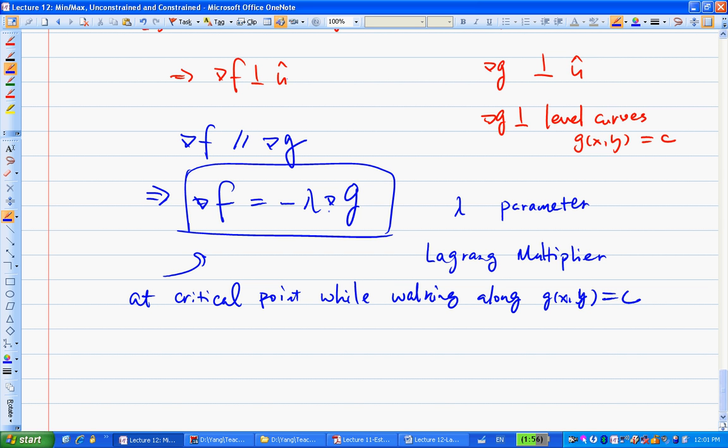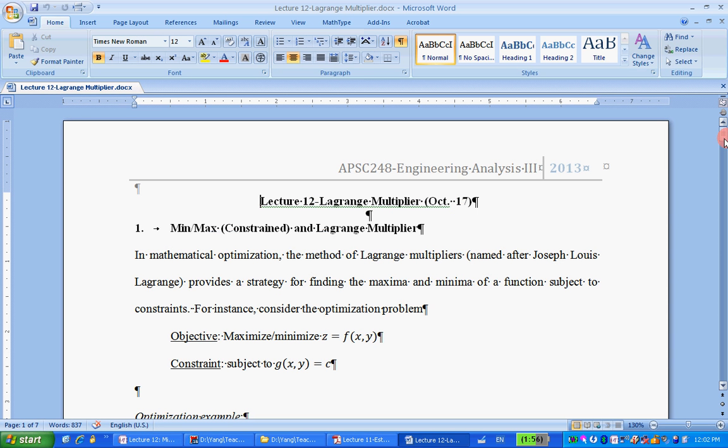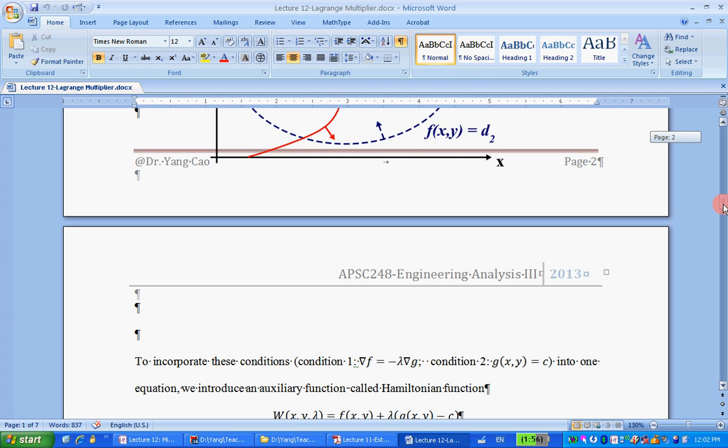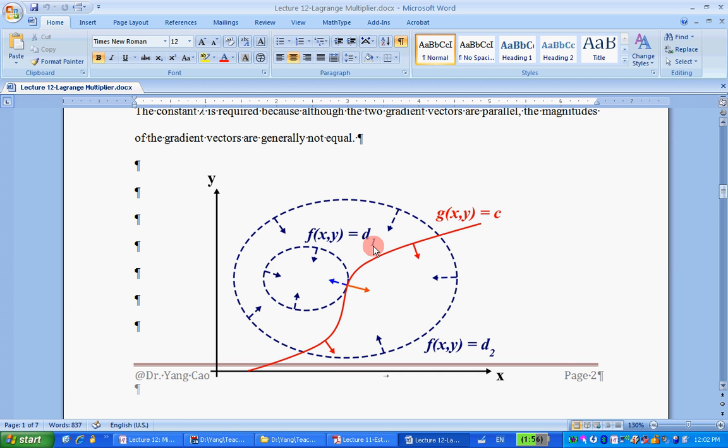The other thing, which I'll show using my lecture notes, is that at this critical point, when the two gradient vectors are parallel to each other, the other point here is your constraint. The level curve of that function f will be tangent to this constraint here.